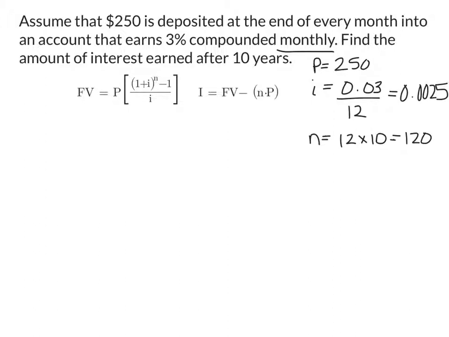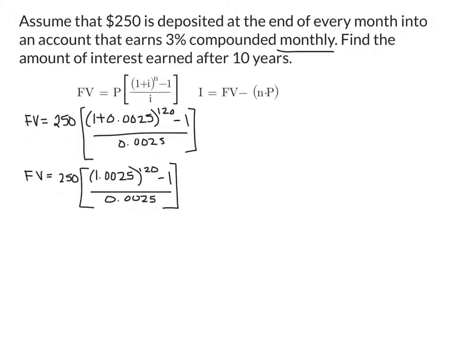We'll take those values and plug them into our formula for future value. So here we plugged our values into the formula, and the first step is to work within the parentheses. So we're going to add 1 plus 0.0025 together, and that gives us 1.0025.